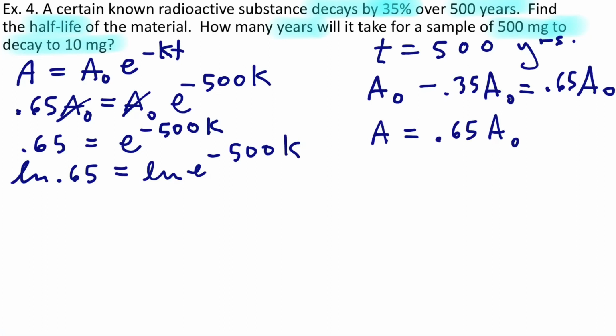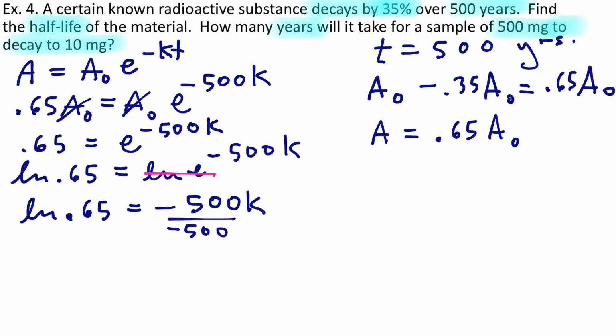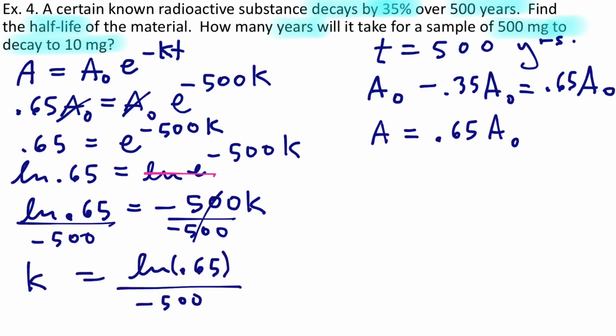So that's going to allow me to cross this out, and I'll have the natural log of 0.65 is equal to negative 500k. So I need to divide both sides by negative 500 to get k. So what I'm left with is k is equal to the natural log of 0.65 divided by negative 500.